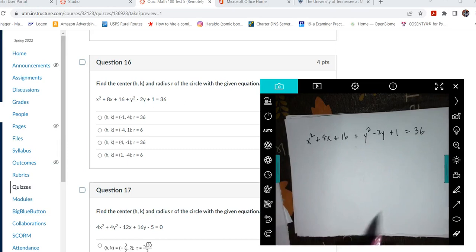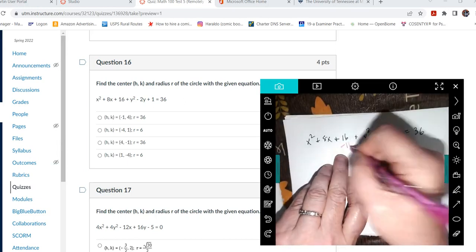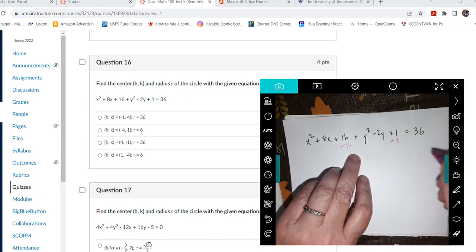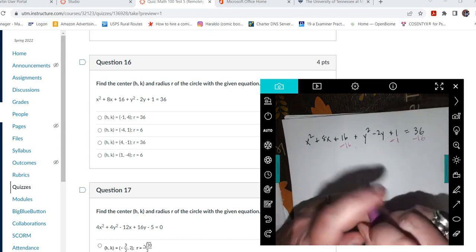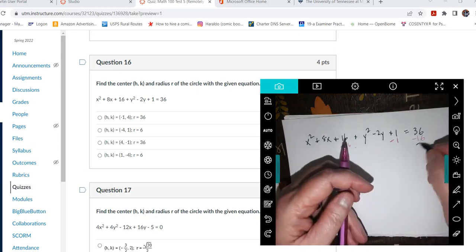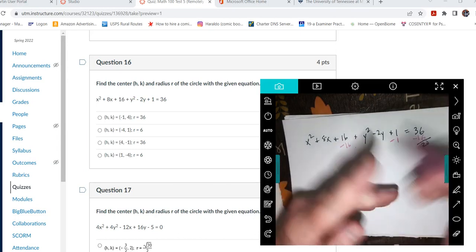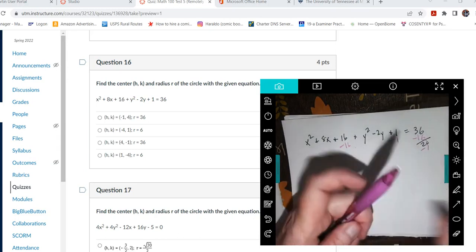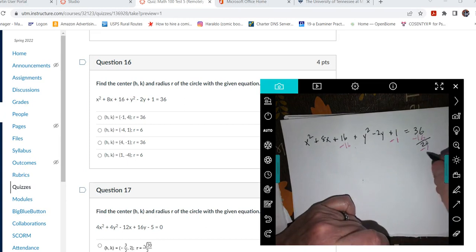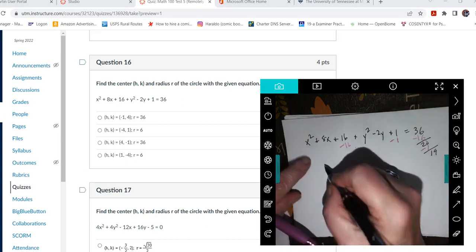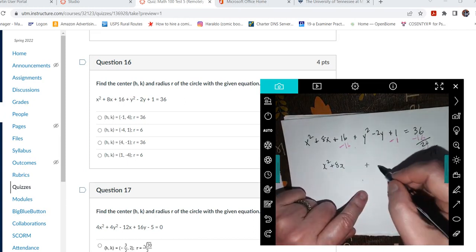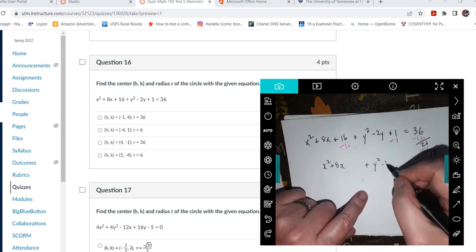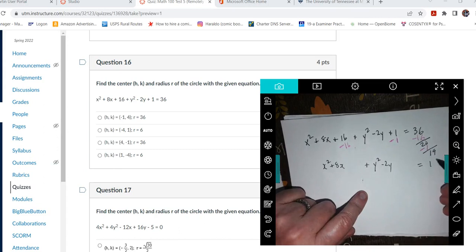Okay, what I would do first is get rid of the 16 and the 1. It's just easier for me to do it that way by hand. Okay, so then I'm going to have x squared plus 8x, then I'm going to leave a gap, plus y squared minus 2y equals 19.